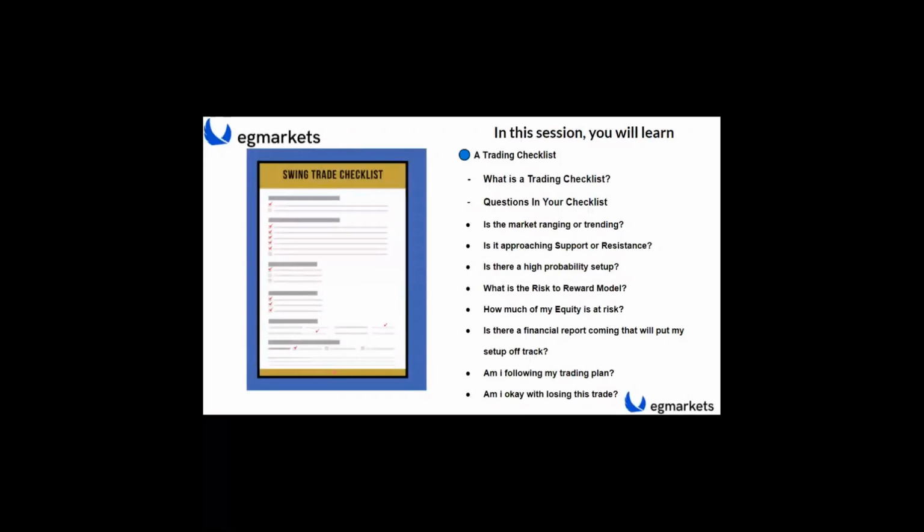Now, let's deal with every question one after the other. Is the market ranging or trending? You might have read in PDFs or books that you shouldn't trade a ranging market, that you always want to trade a trending market, that the trend is your friend, and a lot of things.